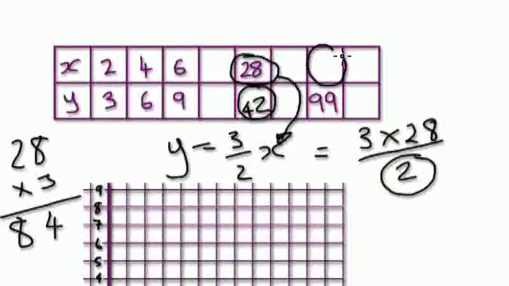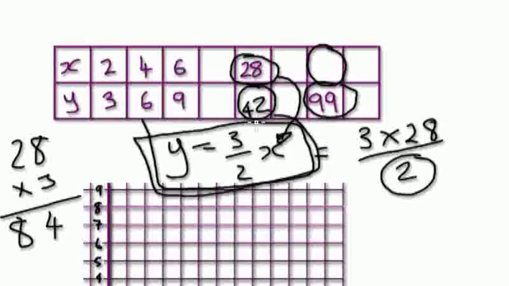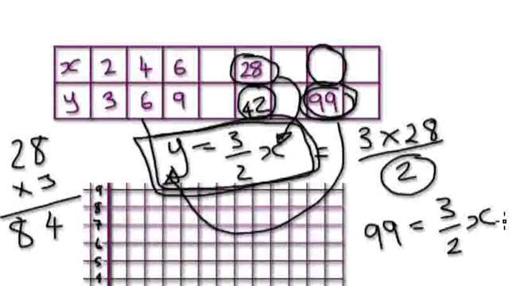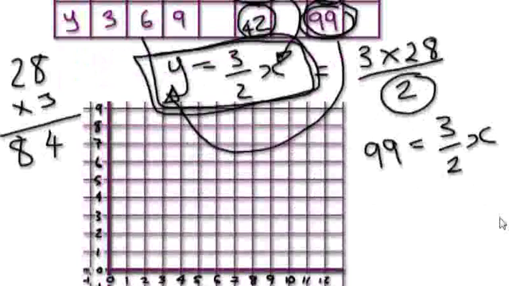What if you want to know x when y is 99? Use this equation. Put this 99 into the y and work backwards to find out x. So it will be 99 equals 3 over 2x. At the moment it's x times a fraction, so it gets multiplied to the top.